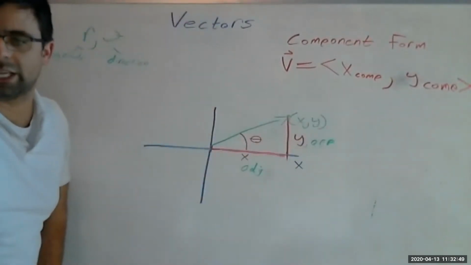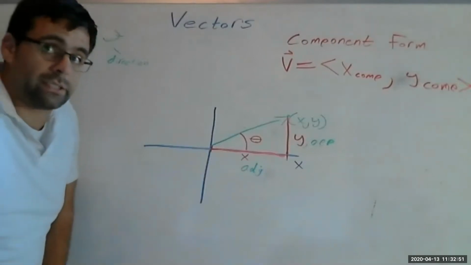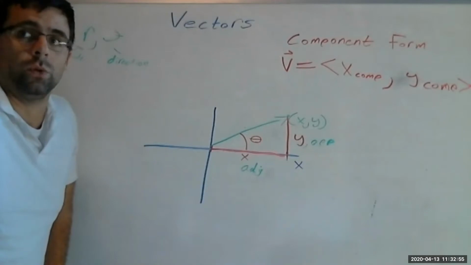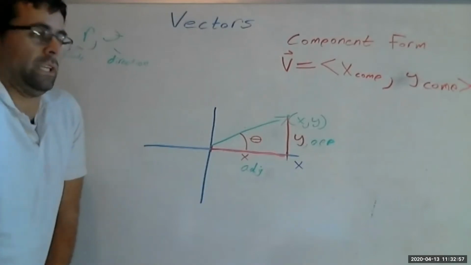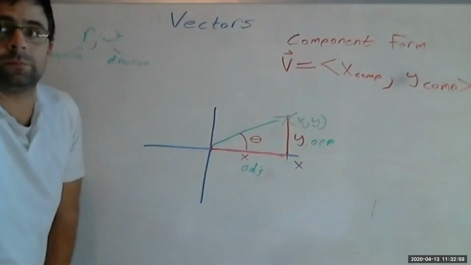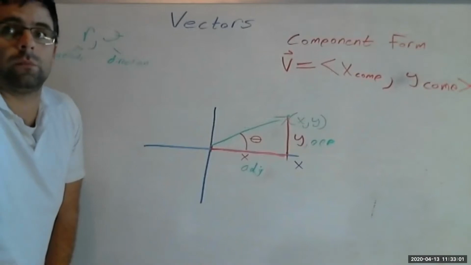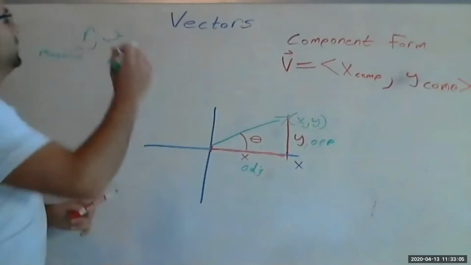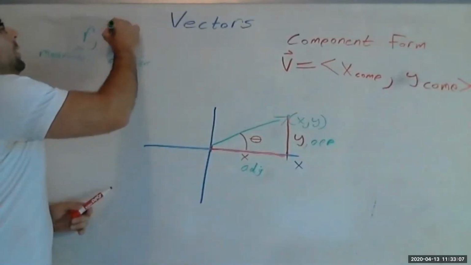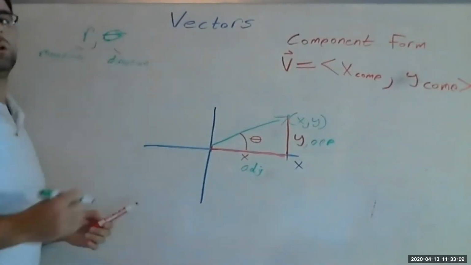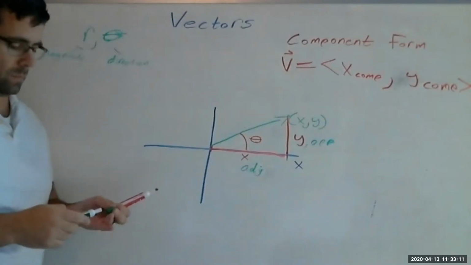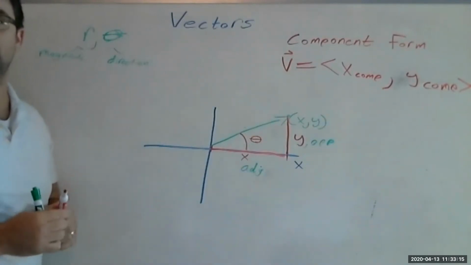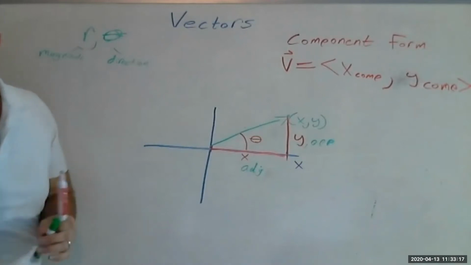This is one of the reasons why I like this, because it's something that you guys are mostly used to. You deal with X and Y coordinates all the time, more so than these polar coordinates, which I just erased. So we have this thing called component form.